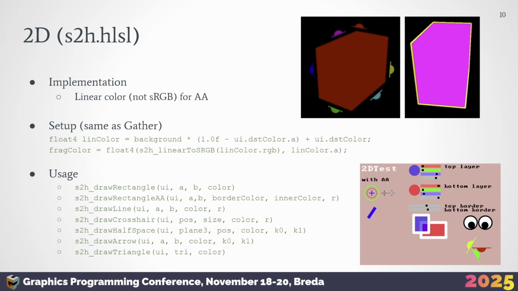For text it wouldn't be important, but it is important if you want to draw something with anti-aliasing. So just keep that in mind. That's why you call this s2h_linear to sRGB function, and you still want to do the same things as before. The functions you can use are draw rectangle AA for anti-aliased, draw line, crosshair, half space, arrow, and there might be a few others like triangles as well.